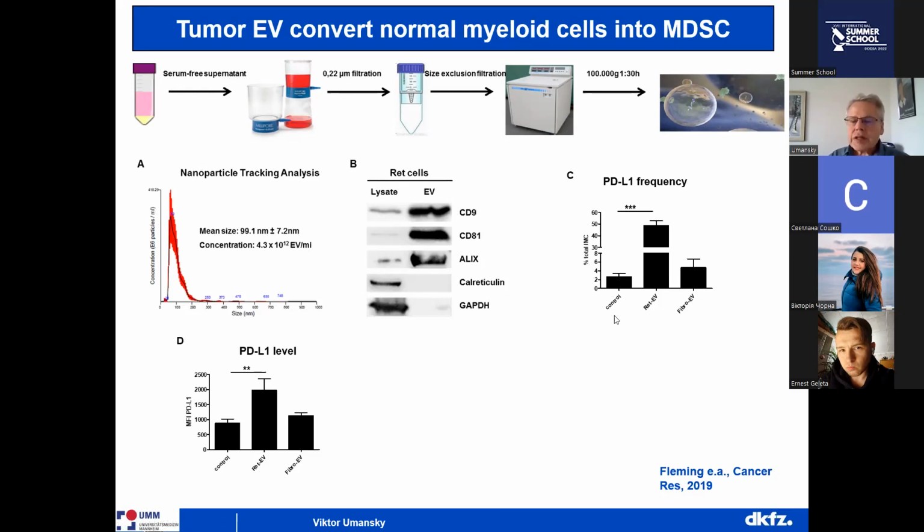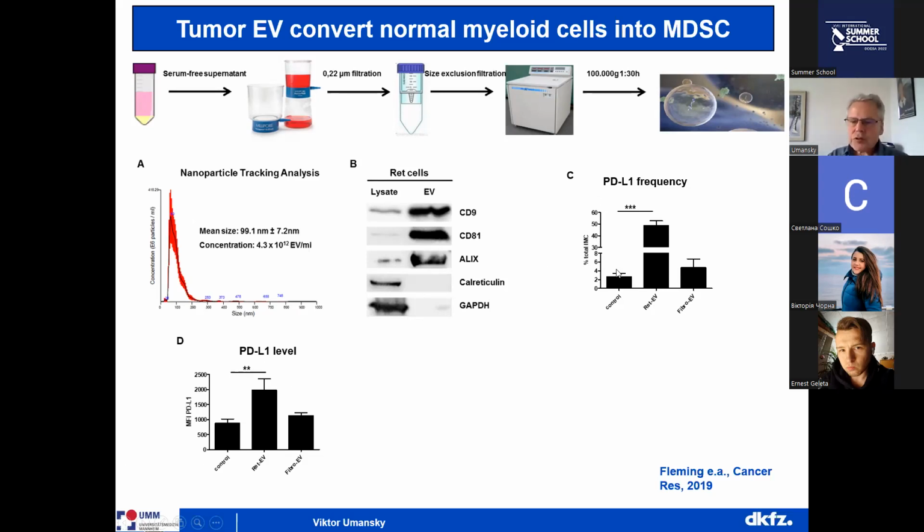What we found is that after incubation of immature myeloid cells from the bone marrow, CD11b Gr1 double positive, these tumor-derived EVs can induce the expression of PD-L1, which, you remember, is one of the important factors of immunosuppression. And this induction is really tumor specific, because if you use as a control EVs produced by normal cardiac fibroblasts, there is no upregulation.